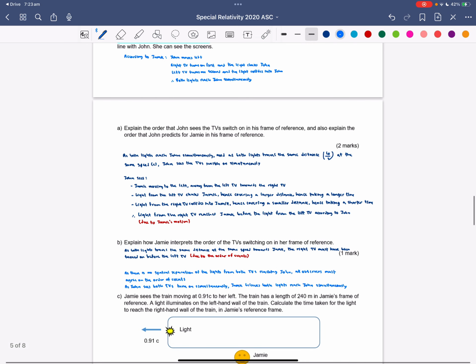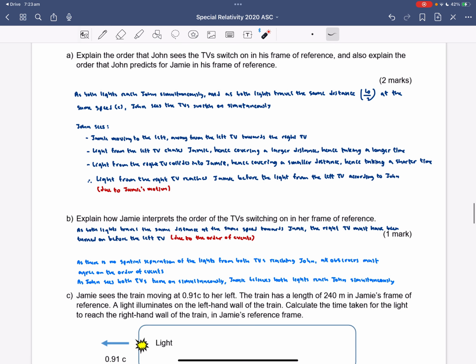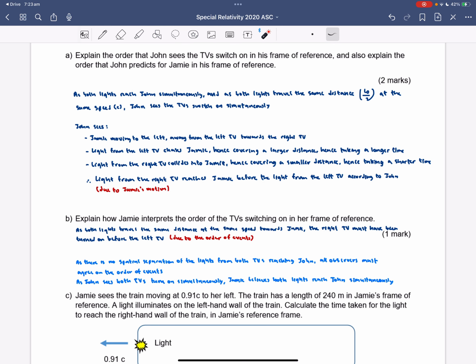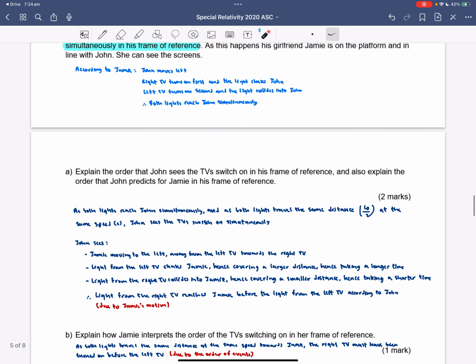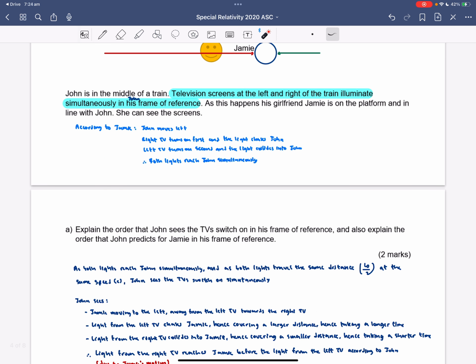And we already agreed with that. We did agree that as there's no spatial separation, all observers must agree on the order of those events, and therefore Jamie believes that both lights reach John simultaneously.